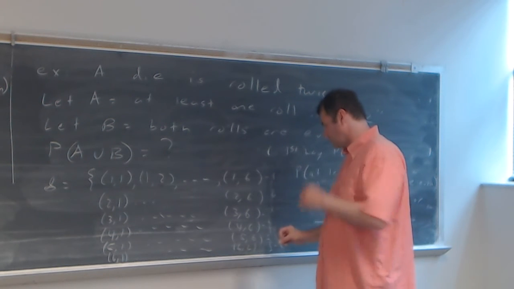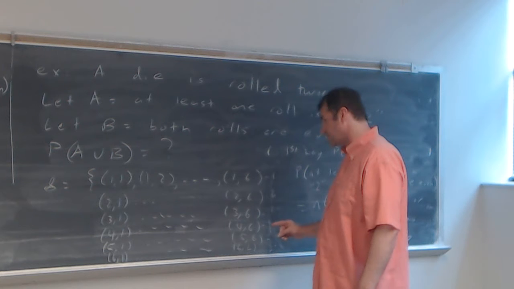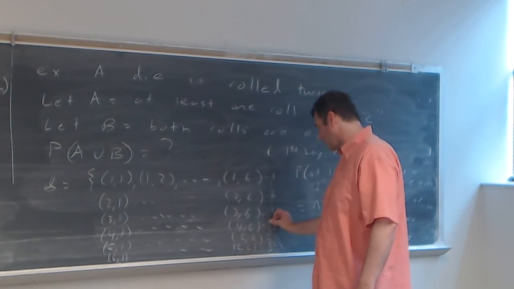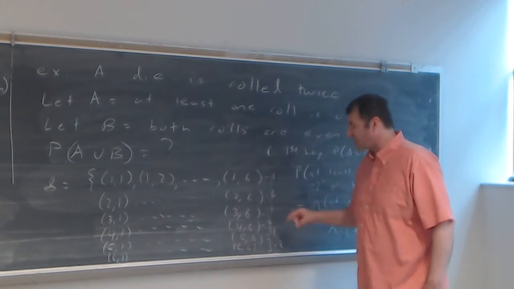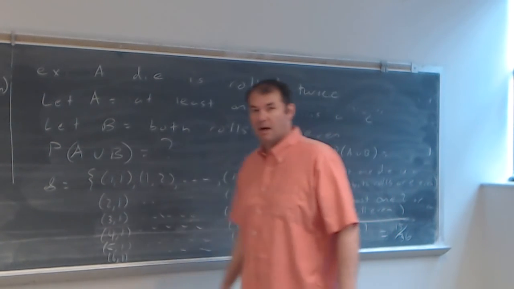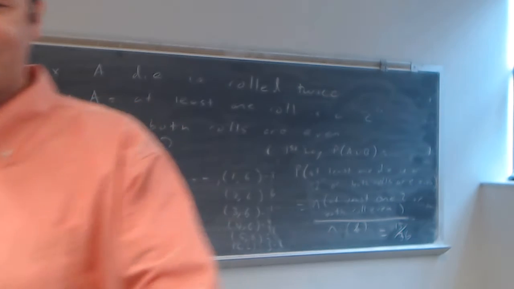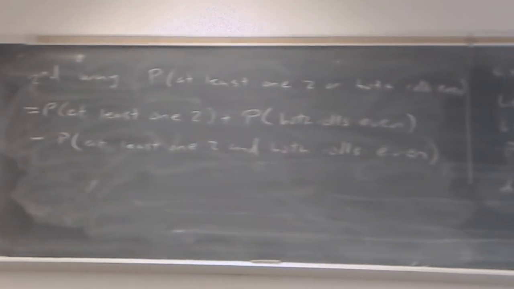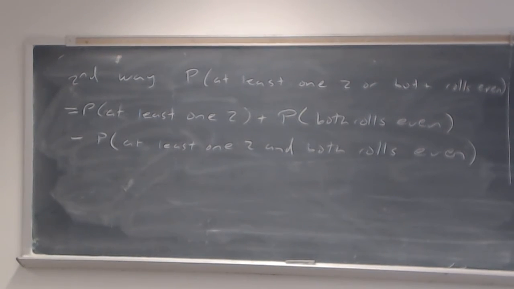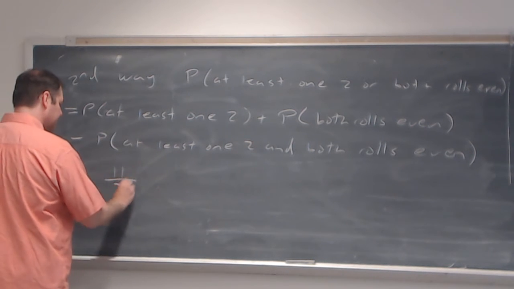There is 1 here. There is 1 here. There's 1 here, and there's 1 here. That's a total of 11. Okay. So I'm going to come back. I'm sorry it takes so long. I'm going to come back over here. And so my answer for this one, there are 11 out of 36.